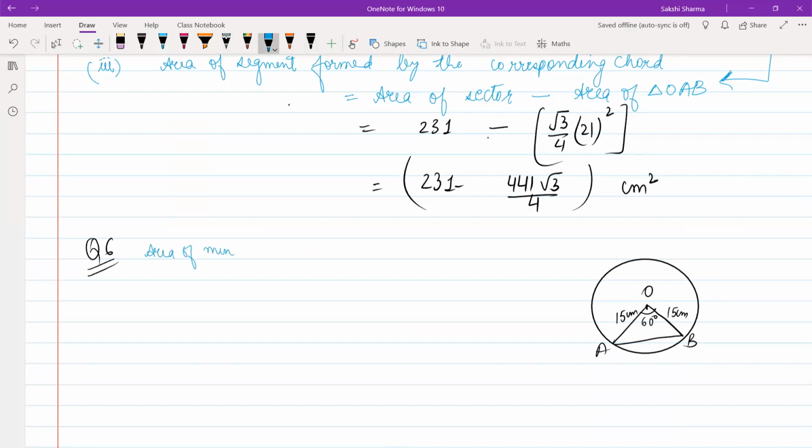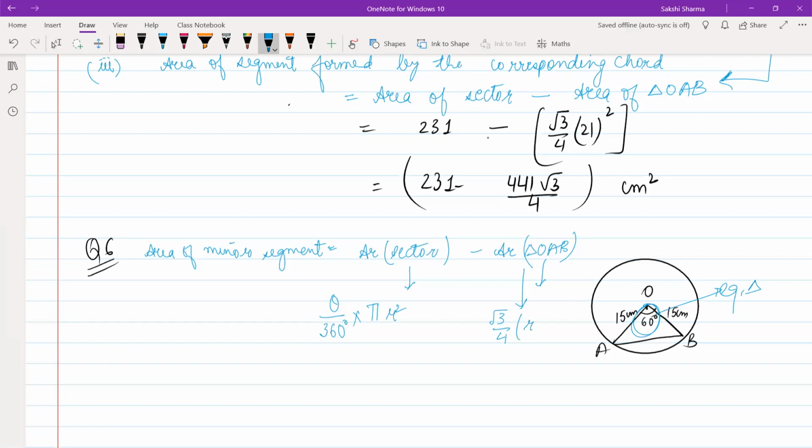Area of minor segment will be given by area of the sector minus area of triangle OAB. So I'm going to first find the area of sector, then the area of the triangle and subtract the two. This will be given by theta by 360 degrees into pi r square. Triangle is equilateral, so the area will be given by root 3 by 4 r square. And remember, pi is 3.14 and root 3 is 1.73.